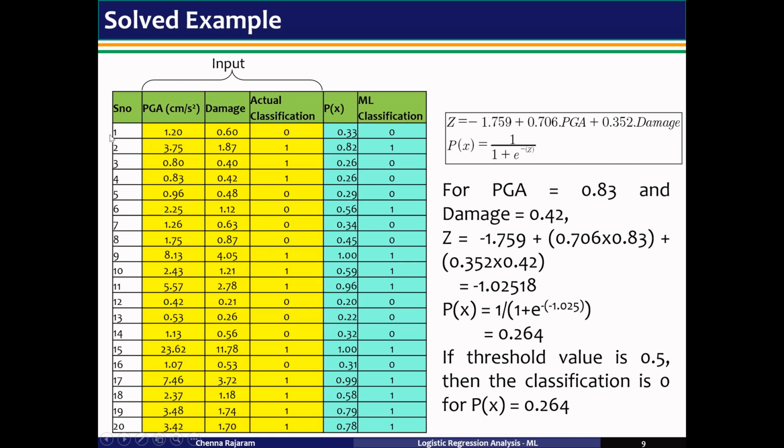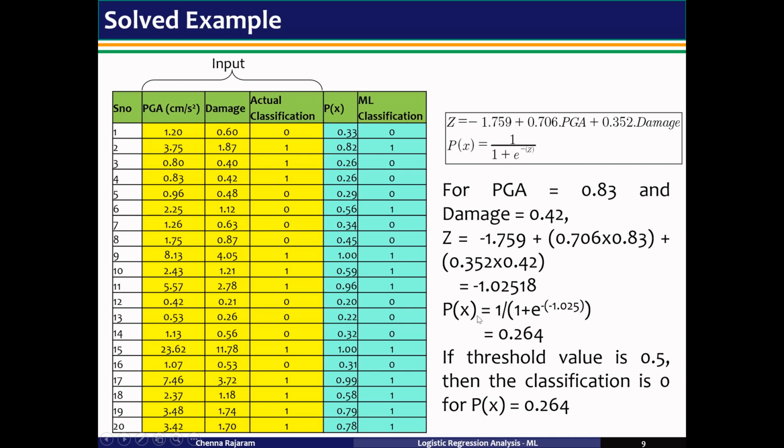Let us consider one row of values. In this analysis, I consider PGA is equal to 0.83 and damage is equal to 0.42. The coefficient values, that is minus 1.759, 0.706, and 0.352, are obtained using the gradient descent method.